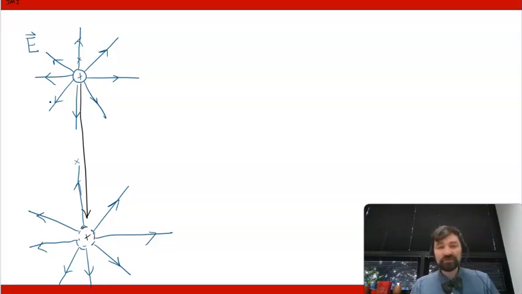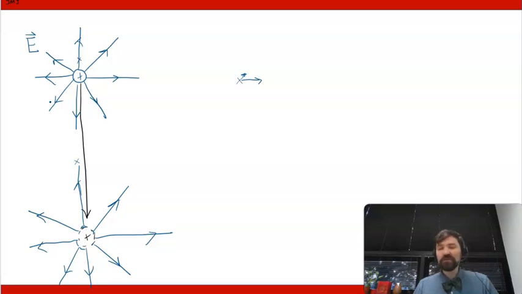If I were to measure the field strength somewhere over here, though, that would have a fairly dramatic change. Initially, the field should be pointing this way. Finally, the field is pointing more or less this way. It's weaker and the direction has changed.